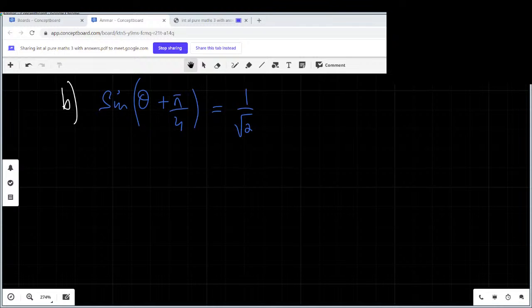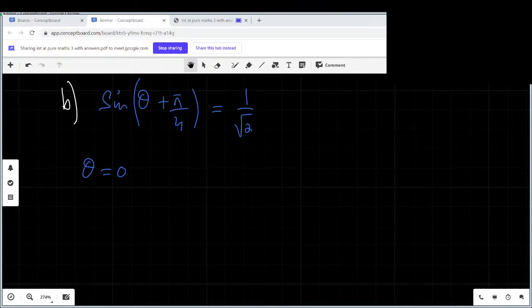Sine theta plus pi by 4 is 1 over root 2. So we have to find different values of theta. For example, if I take theta equal to 0, then I have sine pi by 4 is 1 over root 2.